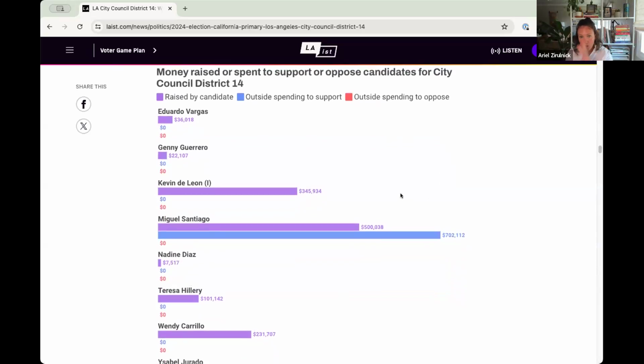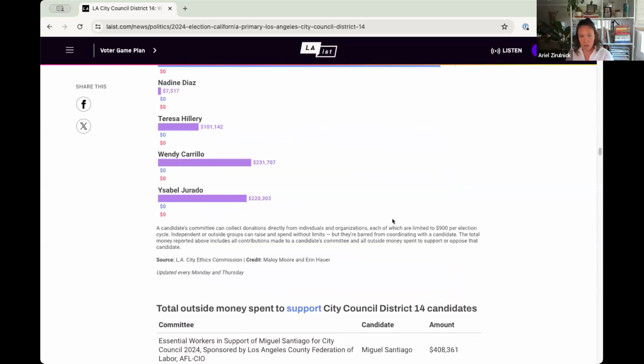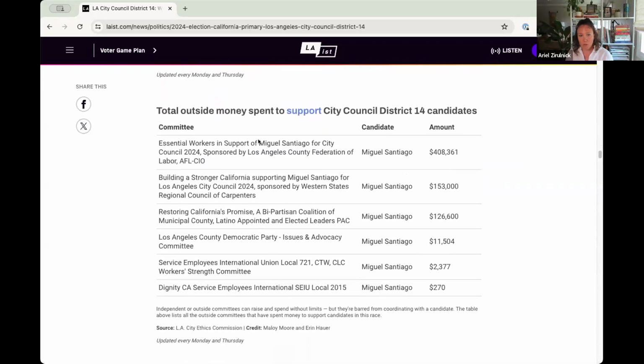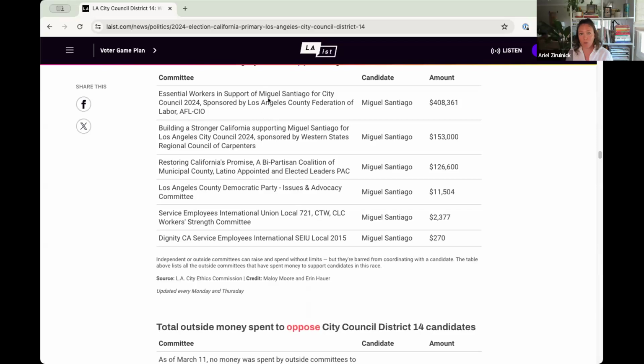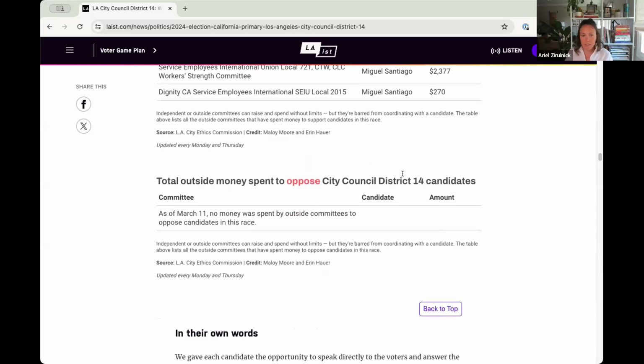So we started with this overall chart. And then we went into breaking down where that money was coming from to support specific candidates. You see here, who it is from, the candidate and the amount, and then spending against. In this case, there wasn't any spending against. This was a very big deal in one or two of our other city council races.